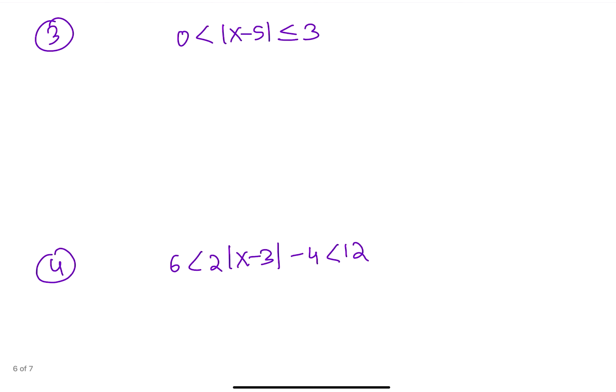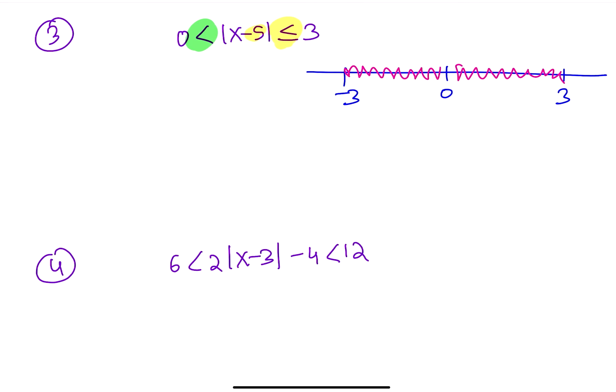See another example. Absolute value of x minus 5 lies between 0 to 3. Now keep in mind, this problem is slightly different because you have an equal sign here and you don't have an equal sign here. So that means it was 3 here. This number can lie in here or in this zone, but it cannot lie at 0. It cannot equal 0.